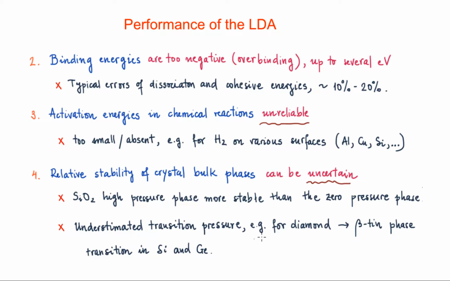For example, that's what happens in silicon and germanium, where under pressure you have a phase transition from a diamond structure to a beta-tin structure. Even though the transition is predicted by the calculation, the transition pressure calculated within the LDA is underestimated.